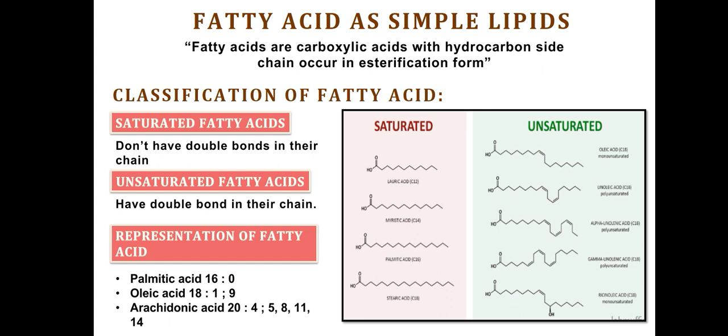For example, if we look at oleic acid, the number of carbons in oleic acid is 18, the number of double bonds present is 1, and the position where the double bond is present is the ninth position.